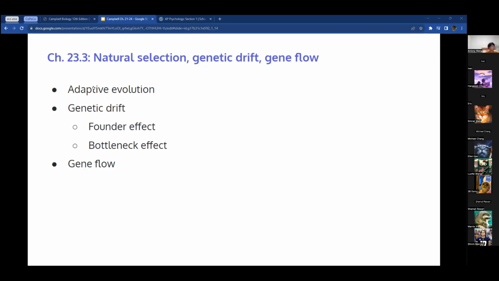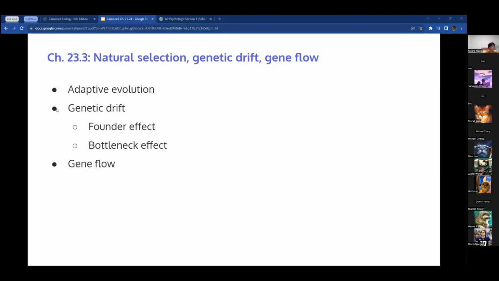That trait is going to be selected for. That's adaptive evolution. Adaptive evolution is the most influential, most predictable motivator of evolution. Genetic drift, on the other hand, and gene flow are both random. They're very unpredictable.